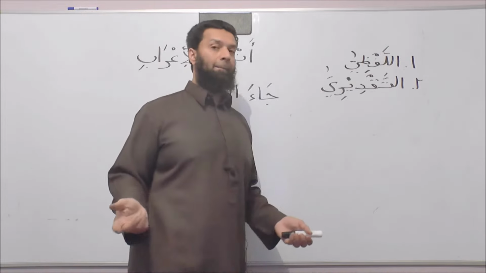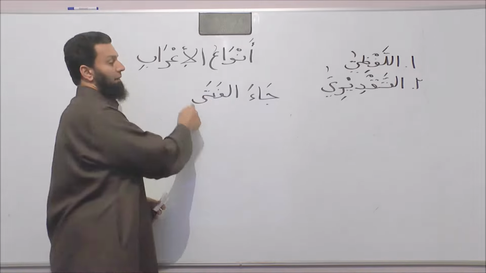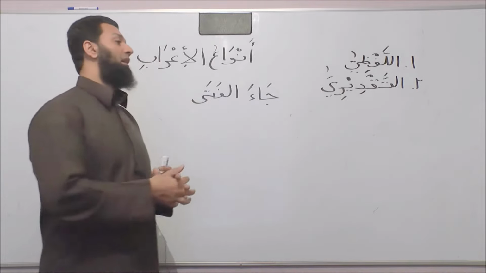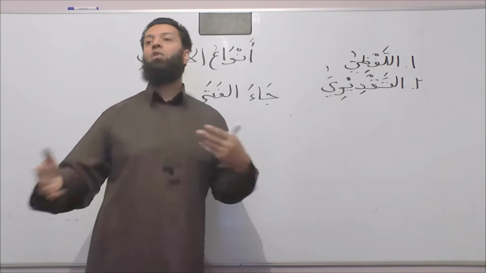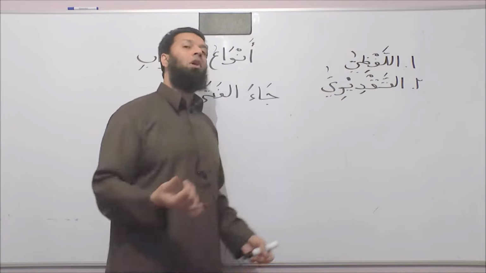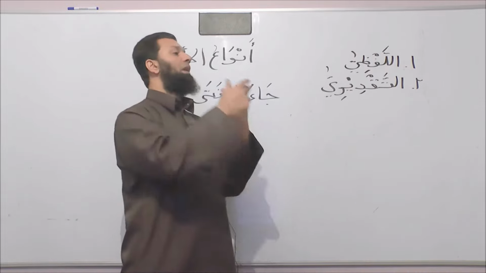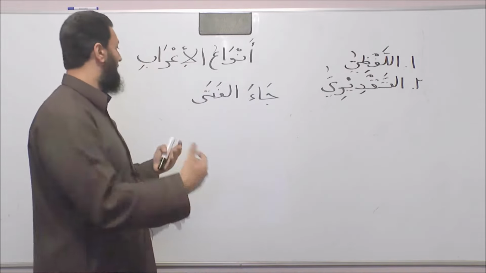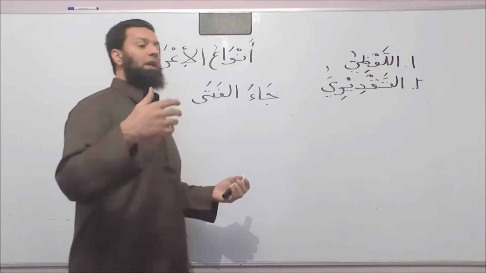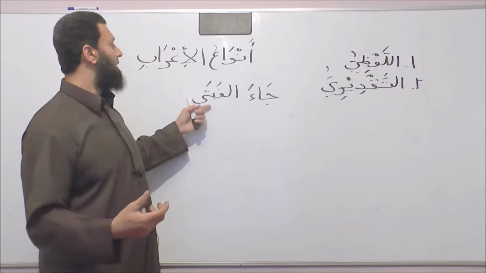It's not there. Why is it not there? Because this alif here, called alif al-maqsura, cannot accommodate a vowel sign. It cannot accommodate a dhammatu or al-fathatu or al-kasratu. It cannot take it.